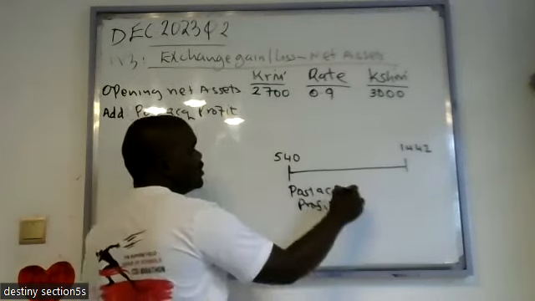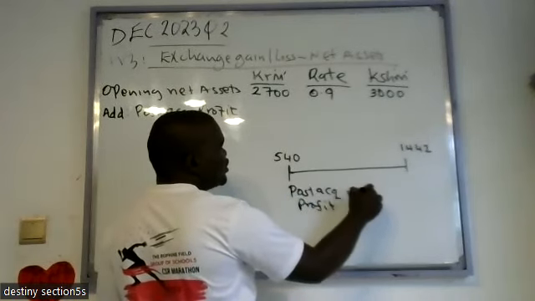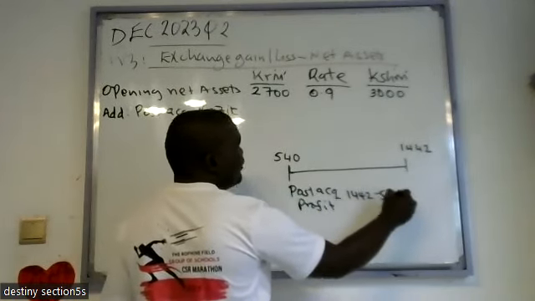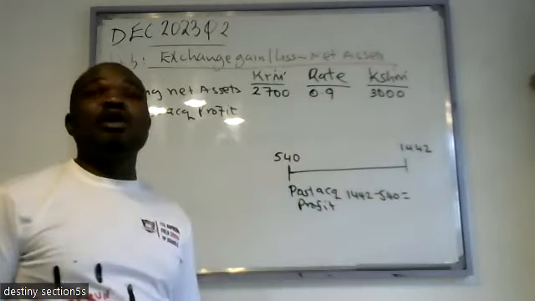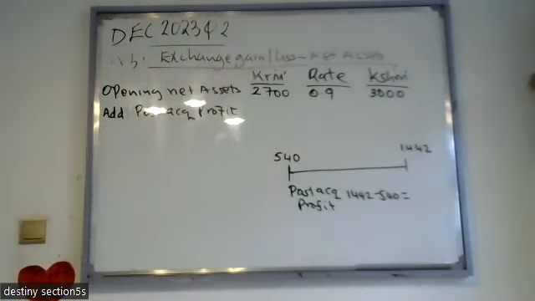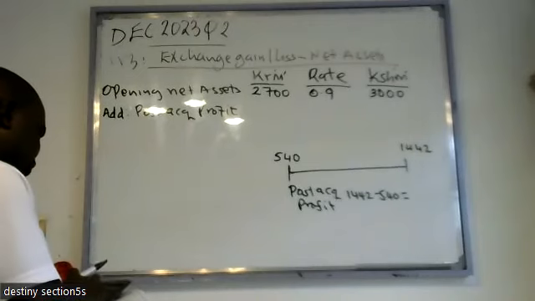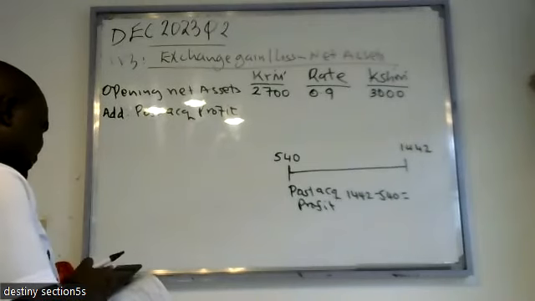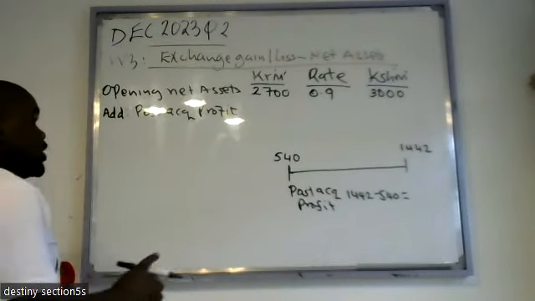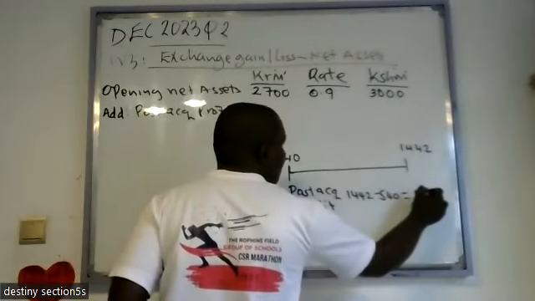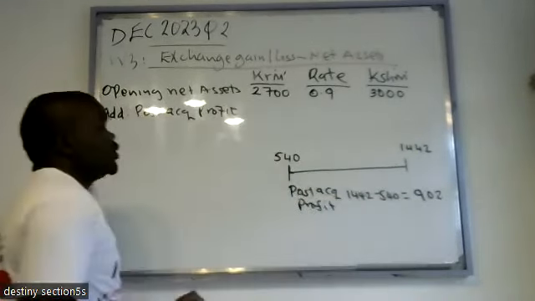will be 1442 minus 540, which is going to be, let me now take my calculator, 1442 minus 540, giving you 902.